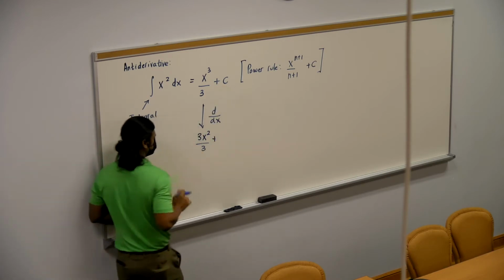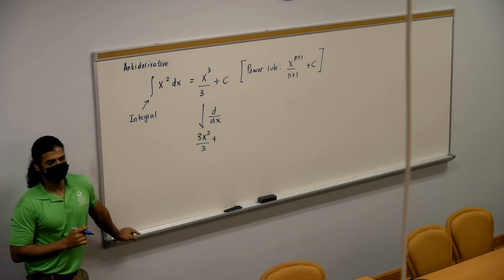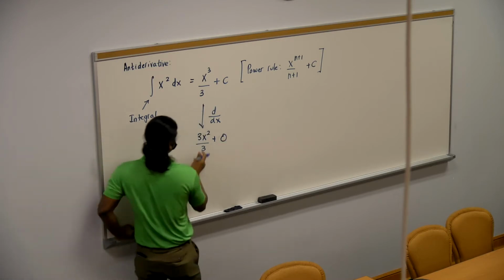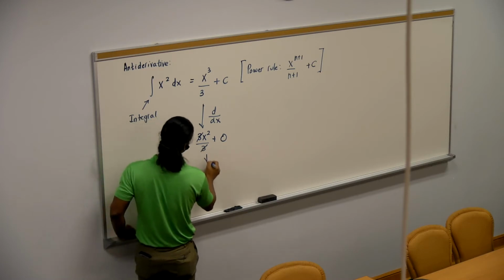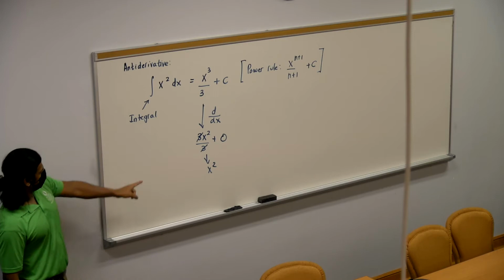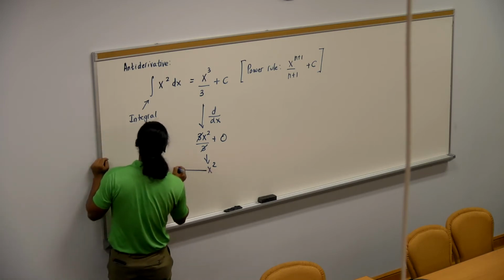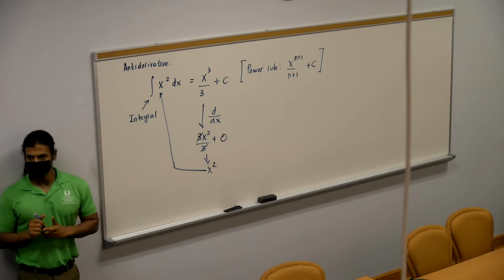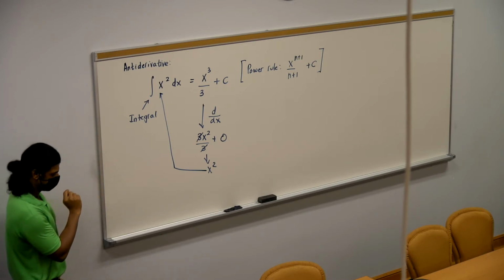What is the derivative of that constant? 0. The 3s would go away, and you would simply have x squared. And what does that correspond to? That is simply the function you have over there, right? Which is why we call it the antiderivative.